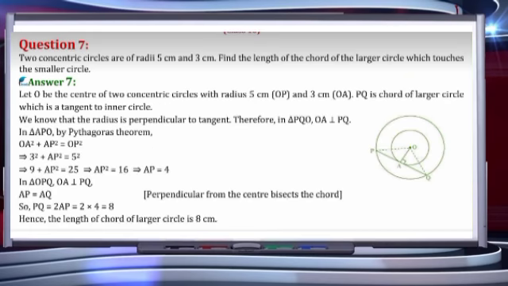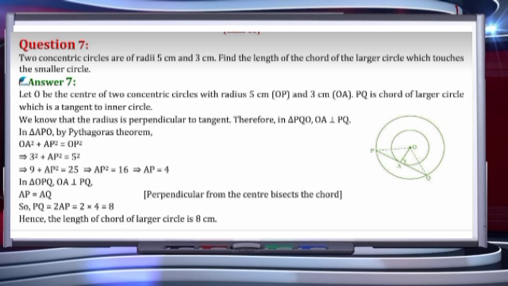Next, question number 7: two concentric circles are of radii 5 cm and 3 cm. Find the length of the chord of the larger circle which touches the smaller circle. Here we have drawn the figure. As you can see, our outer circle has a radius of 5 cm and the inner circle has a radius of 3 cm.